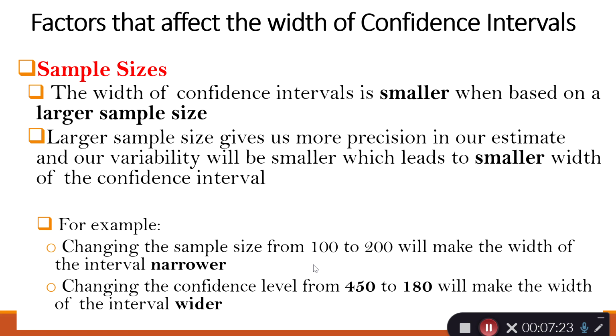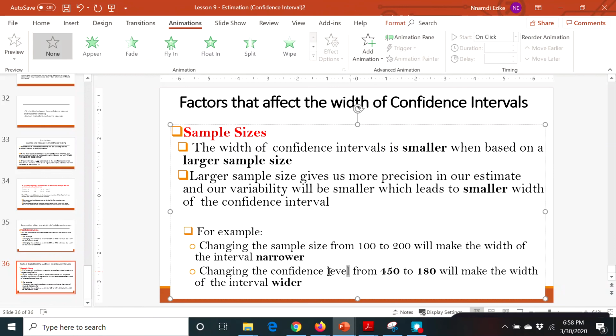And this makes sense because remember, the goal is to estimate a plausible value for our population. So the more information you have, the better you come at narrowing down to what the true population parameter is, right? But changing the, so this should say changing the sample size. That's what copy and paste does.